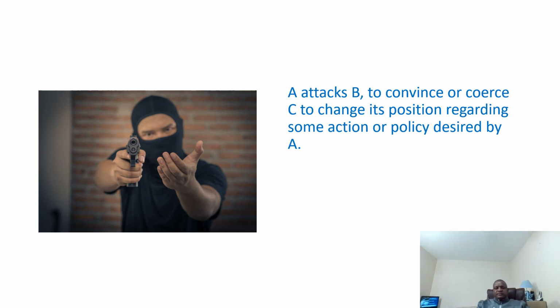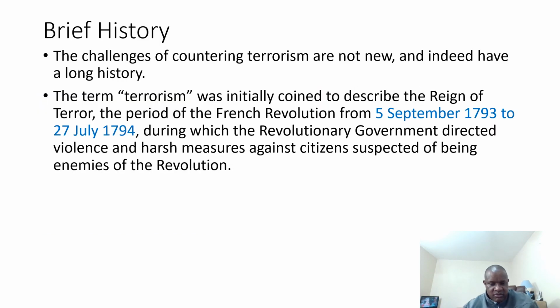A attacks B. Mark that A is the terrorist, B is an innocent victim, and C is the government or a particular organization, to change its position regarding some action or policy desired by A. I hope you have written that down. If there is a person who has already written it, then he can share with the rest. And then, because we want to move a little bit fast, the brief history.